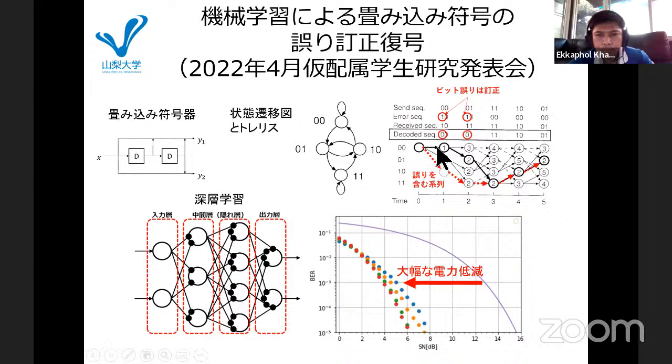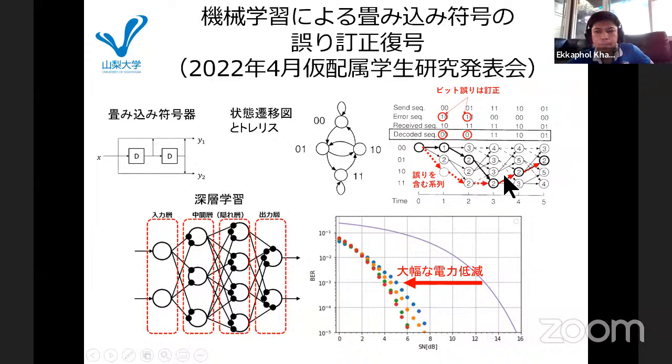Then the next one, from 00 to 00 or 01, and from 01 to 10 or 11. On this trellis, the transition is represented with this arrow.